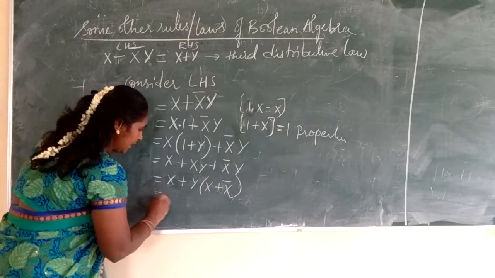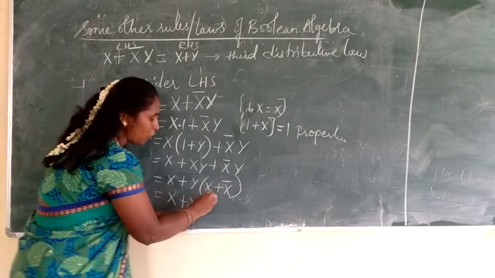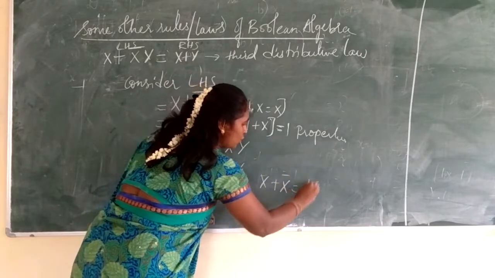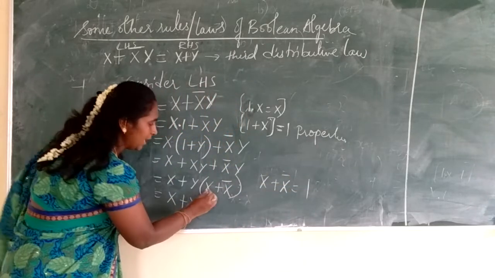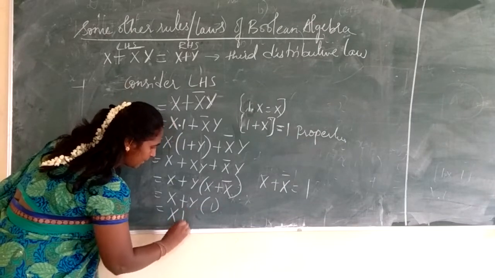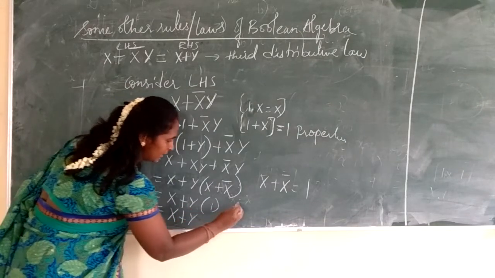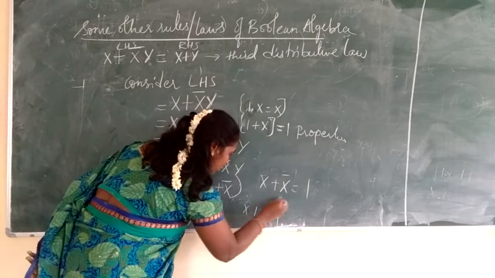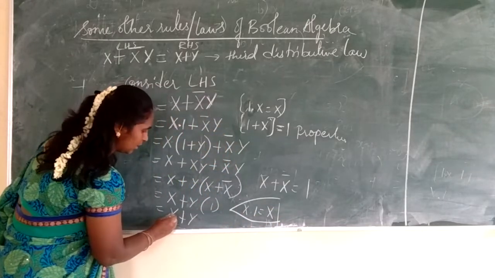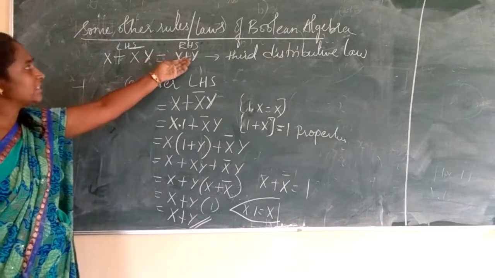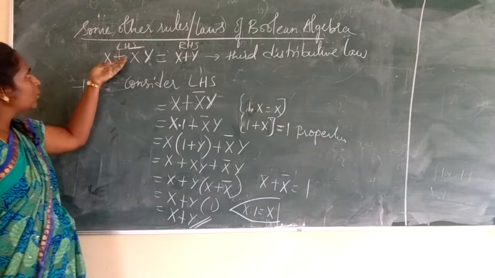According to your complementary law, x plus x bar is equal to 1. So x plus y into 1, that is x into 1, is nothing but your x, according to your properties of zeros and ones. So x plus y is proved. Your RHS is proved, and that is equal to your LHS.